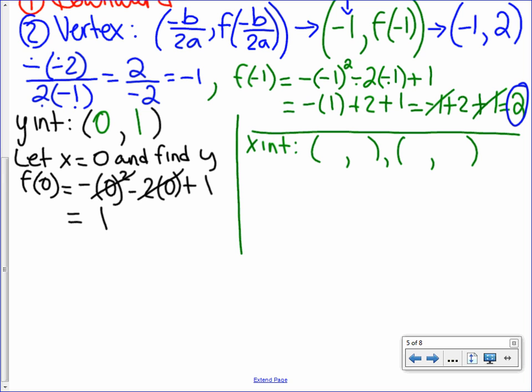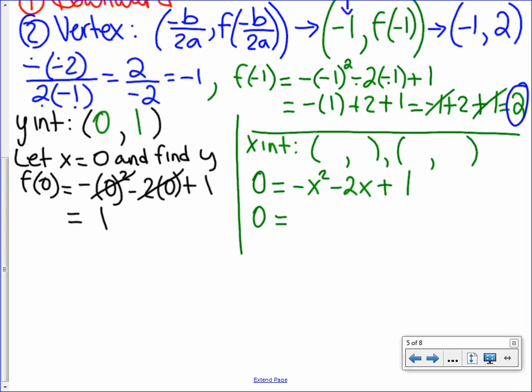Okay, so the function was something like negative x squared, what else? Plus 1. Okay, now let's see. Could we factor this? Yeah, I'm asking you this. Okay, let's try. How about if we multiply the whole thing by negative 1?